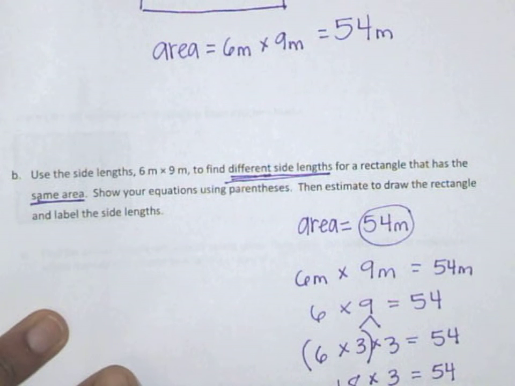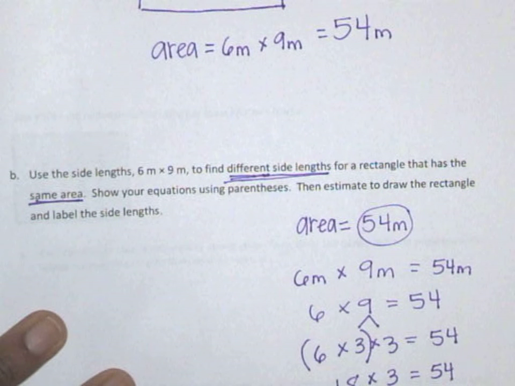I'll give you about 30 seconds to draw your rectangle and label the side lengths. Bring it back in 5, 4, 3, 2, 1.